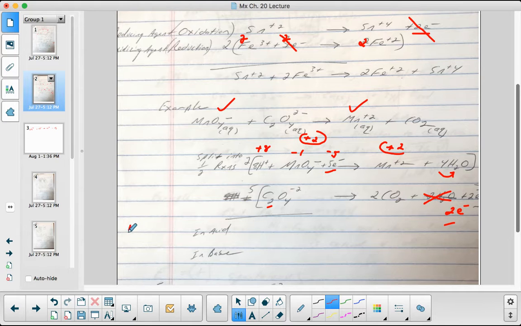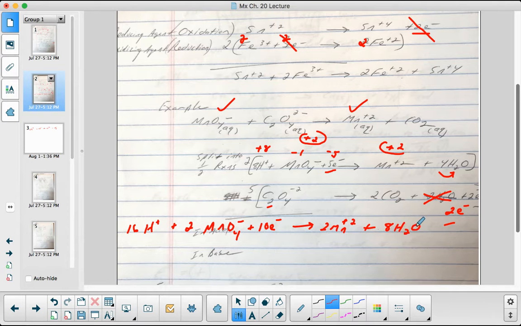I'd end up with 16 hydrogens, 2 MnO4 negative, 10 electrons, and then I would end up with 2 Mn positive 2 and 8 H2O.